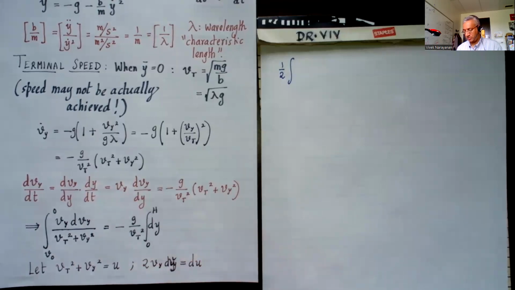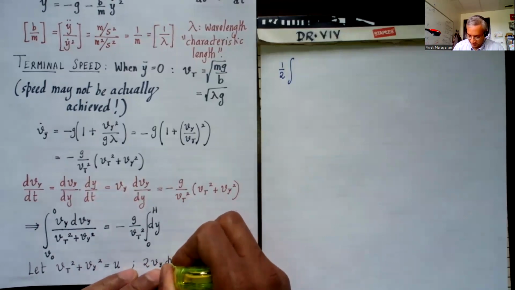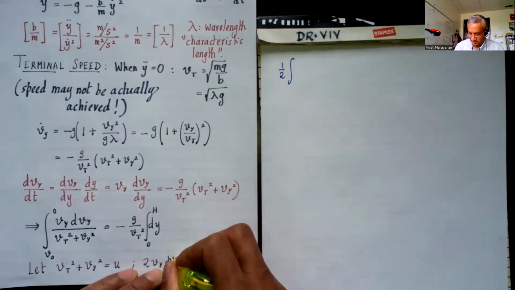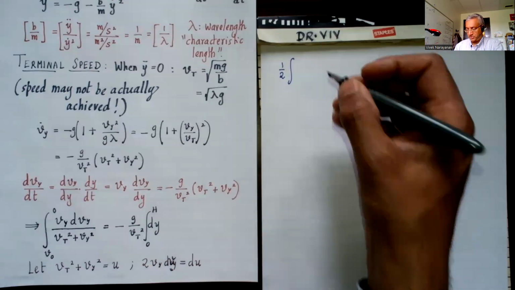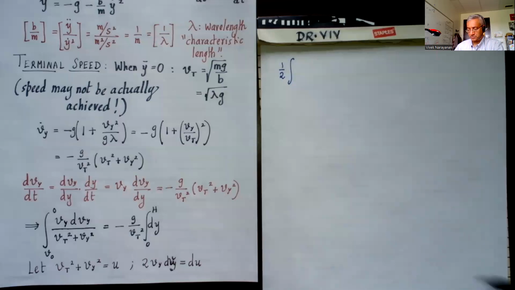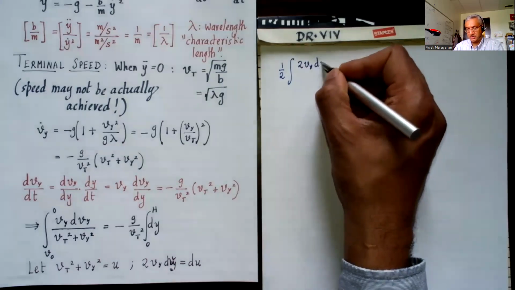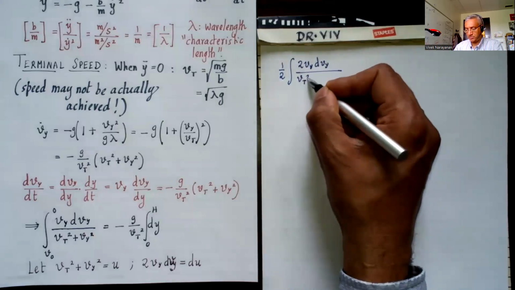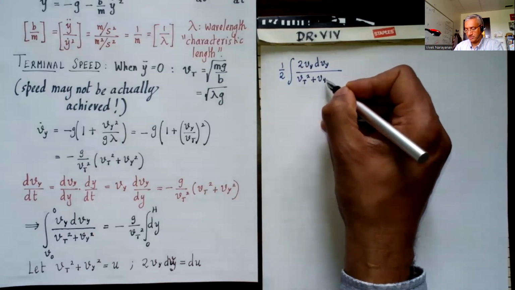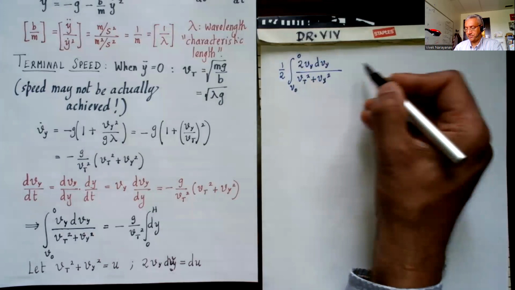Hope that's sufficiently clear. So in the numerator, I have 2vy dvy. In the denominator, I have vt squared plus vy squared from v naught to 0.